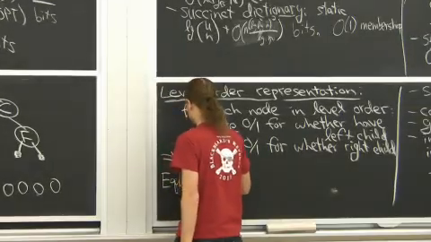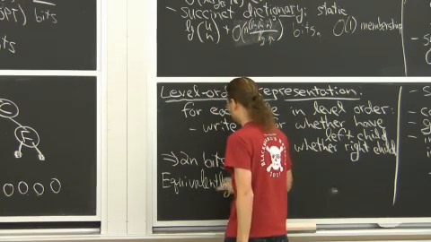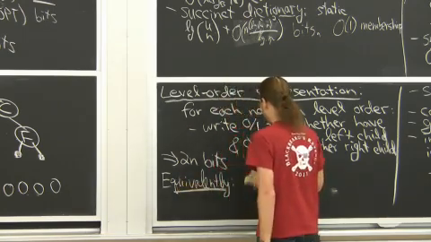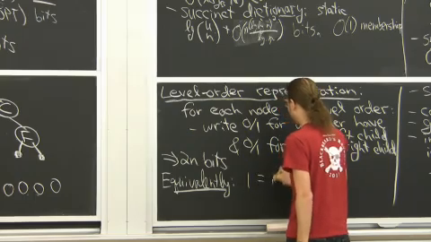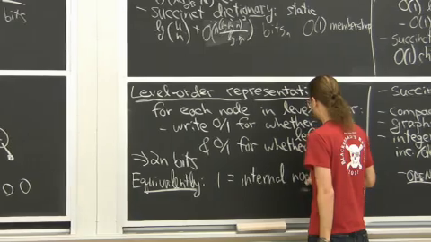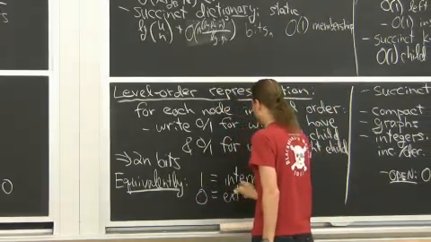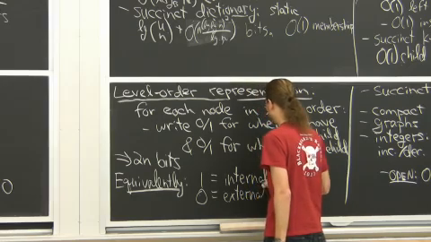So I'll write equivalently, 1 equals an internal node, and 0 equals an external node.